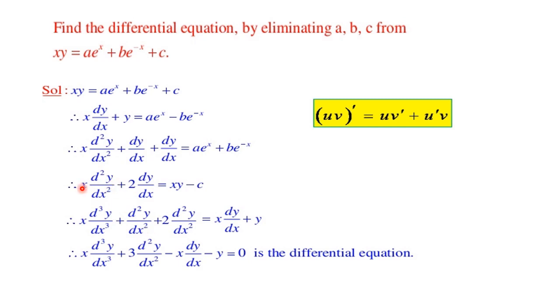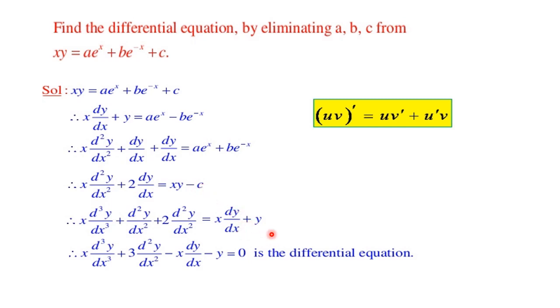Differentiation of x again will be 1, plus 2 d square y upon dx square is equal to again first function into derivative of second function. That means x into dy upon dx plus y into differentiation of x will give you 1. Now it is minus c, because it is a constant. Differentiation of a constant is always equal to 0.